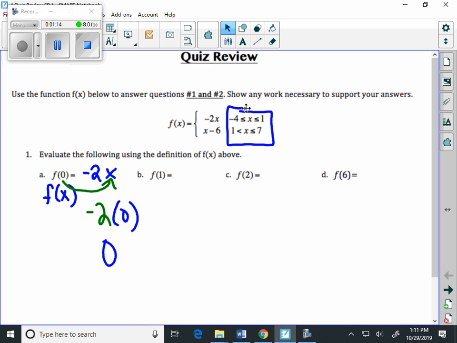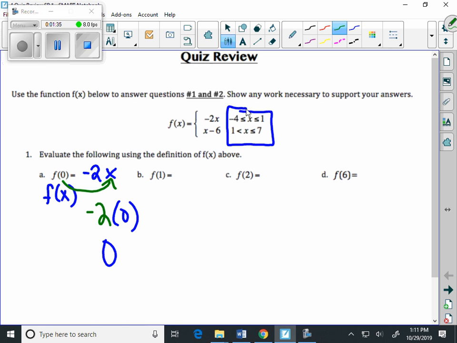F of 1, we go to that blue box there, and f of 1, well, is 1 between negative 4 and 1, including both negative 4 and 1? And that is yes, it is. There's an equals.